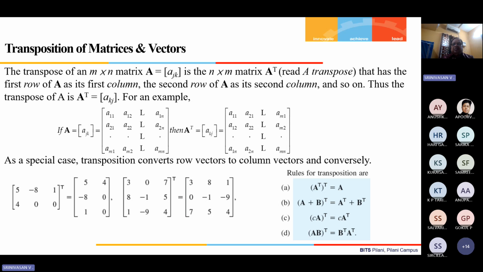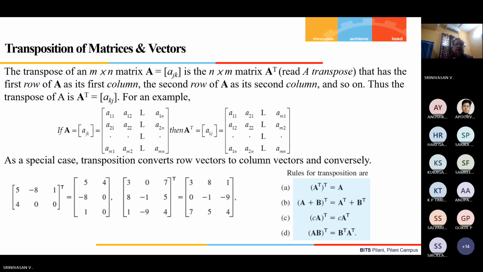Thus the transpose of A is A transpose, and when A is a_jk, it will be a_kj. For example, if A equals this, then A transpose will be a11, a12, and so on up to a1n. The first row of capital A becomes the first column, a11, a12, etc., a1n.